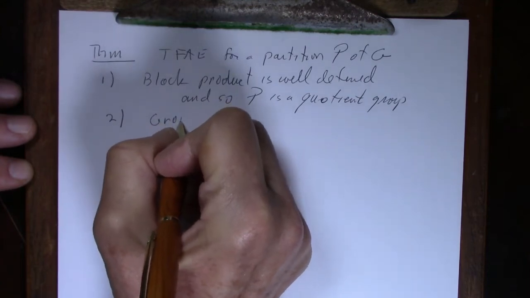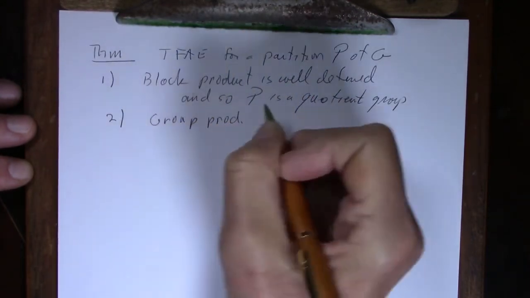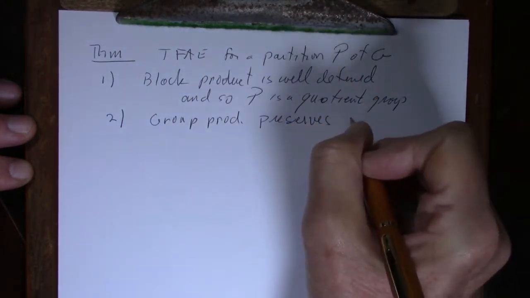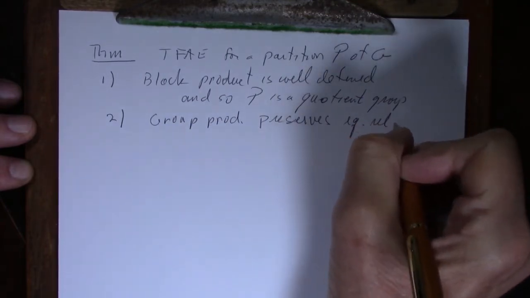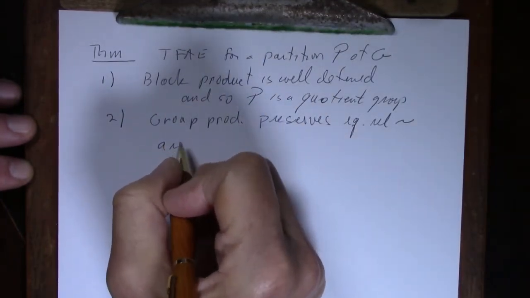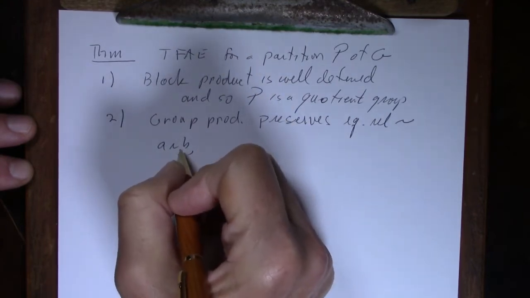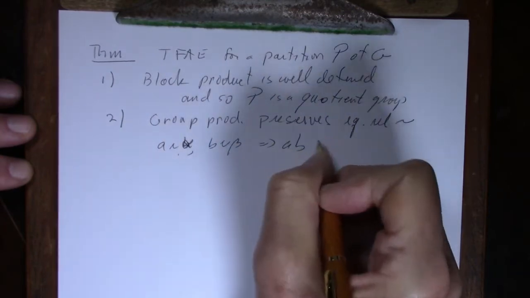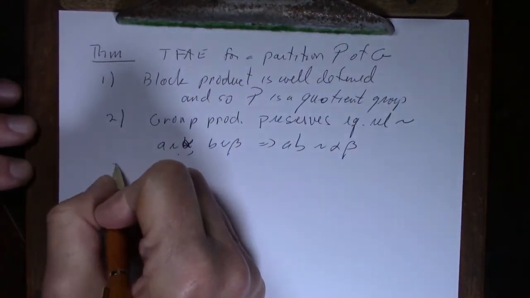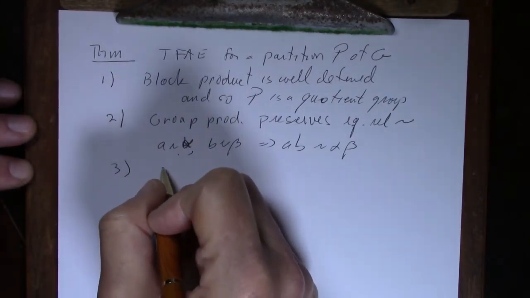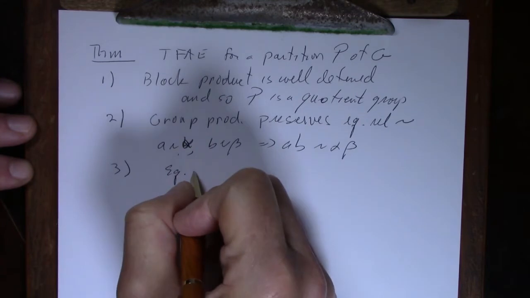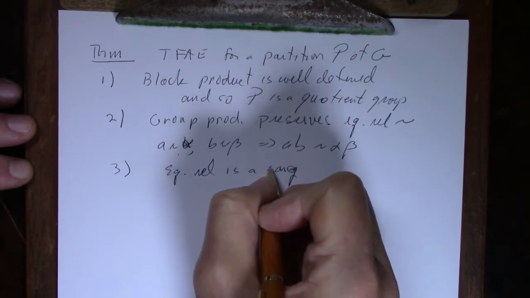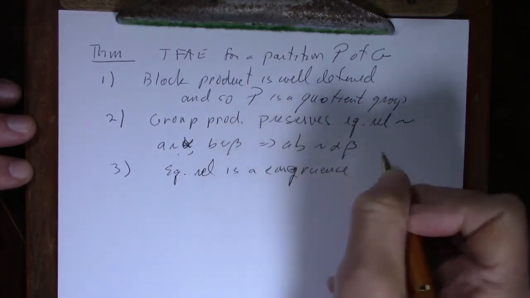2, the group product preserves the equivalence relation. So that means that A equivalent to alpha, B equivalent to beta implies AB equivalent to alpha beta. 3, the equivalence relation is a congruence relation.